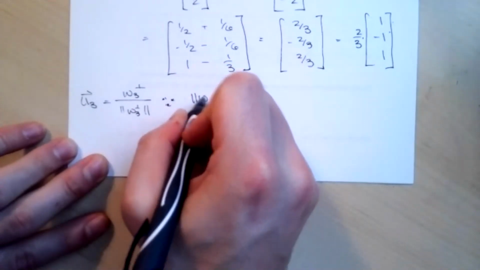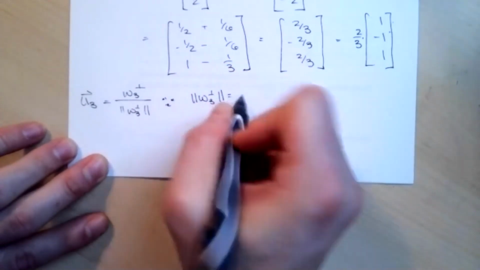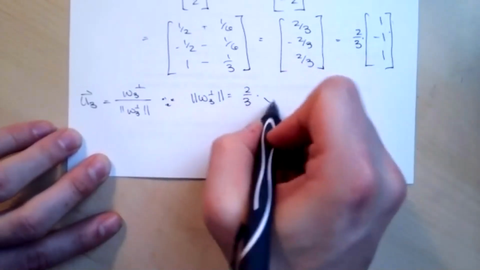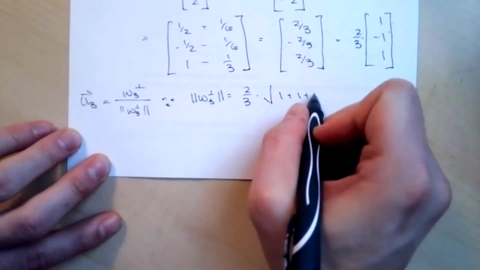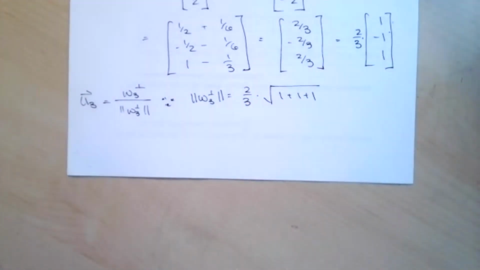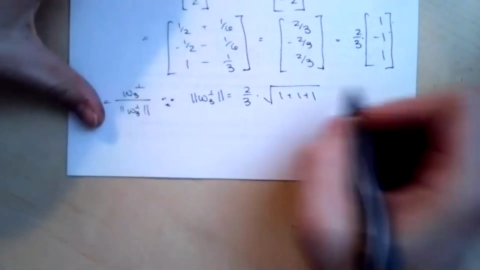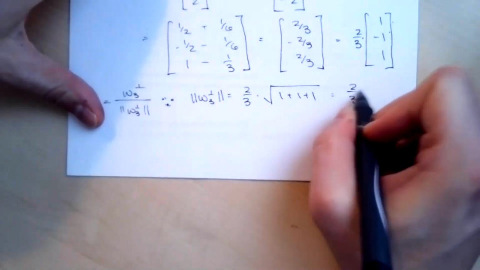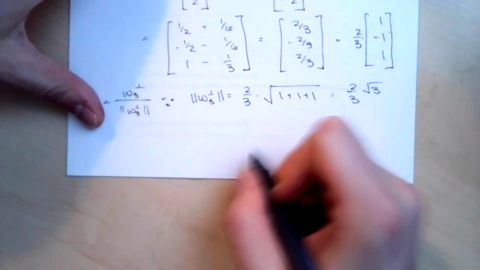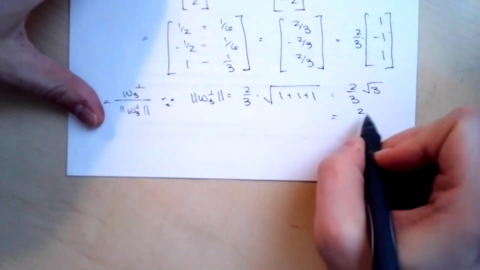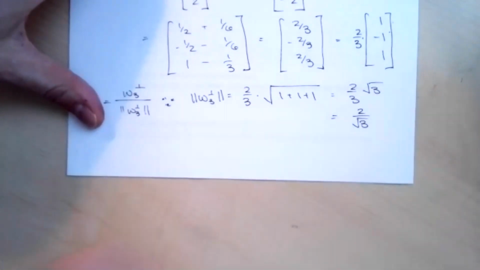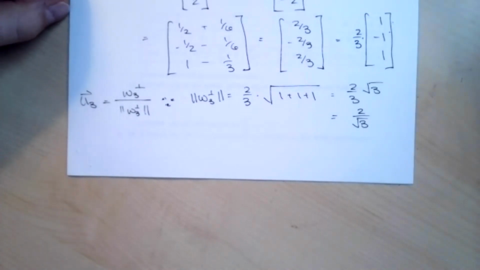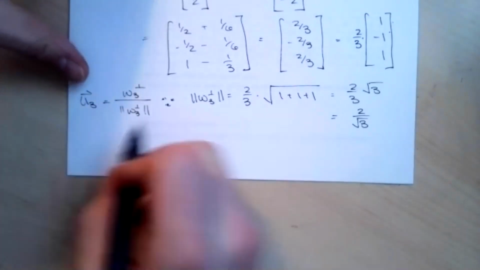So the norm of W3 perpendicular is going to be 2/3 times square root of 1 plus 1 plus 1. So that's going to be 2/3 times square root of 3, which you can leave like that, or if you want, write it as 2 divided by square root of 3 for a little bit less writing. Of course, we're going to divide by that.